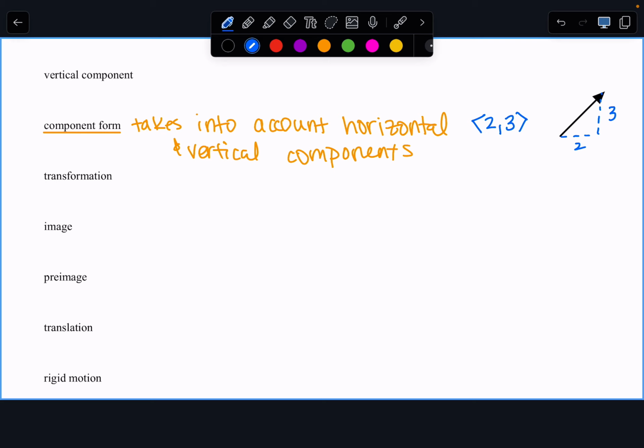It's like plotting a coordinate and then connecting where I started to where I ended with an arrow. My vector is the black arrow. Okay? The vector is the black arrow. If you didn't draw it, please do.